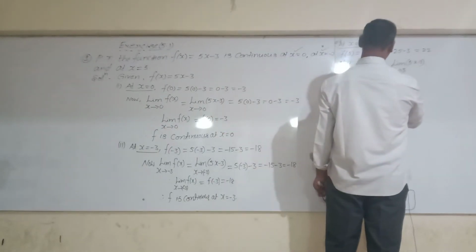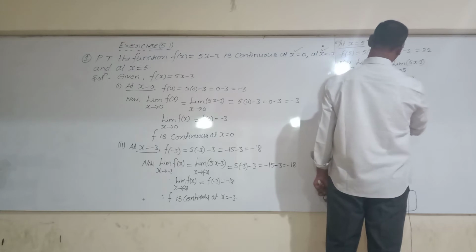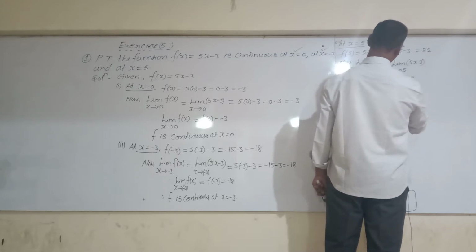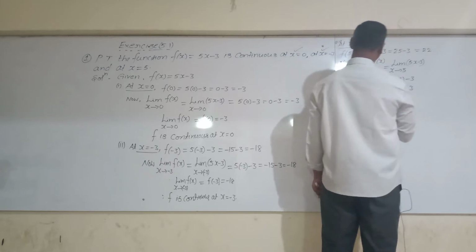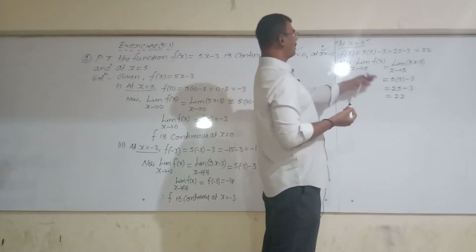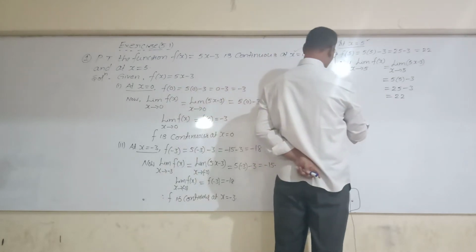That is 5 into 5 minus 3, 25 minus 3 is equal to 22. This is nothing but f of 5.